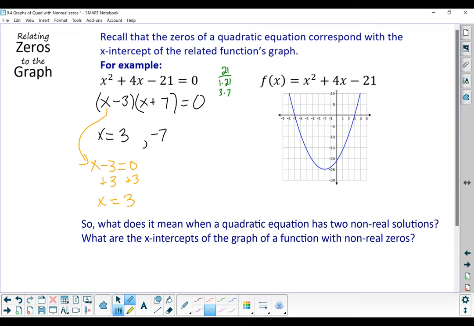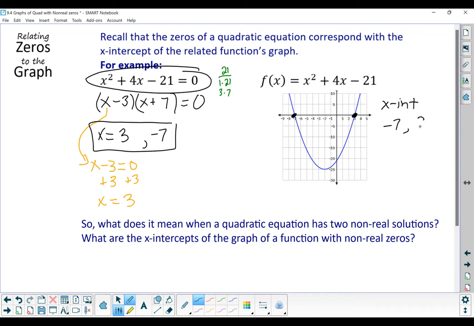And if x plus 7 is equal to 0, that means x is equal to negative 7. So the solutions to this equation correspond with the x-intercepts on the graph of that related function. So if our function is x squared plus 4x minus 21, we see x-intercepts at negative 7 and positive 3.